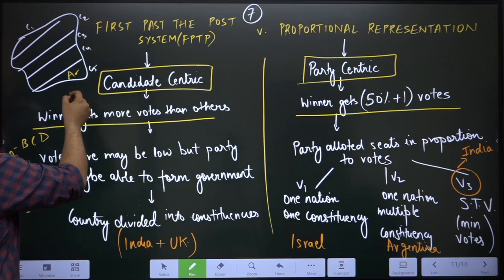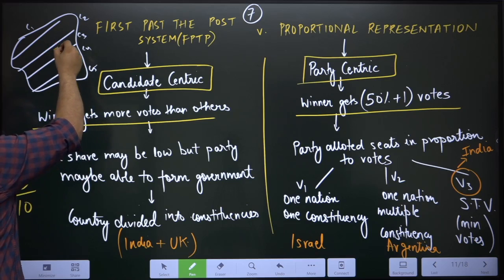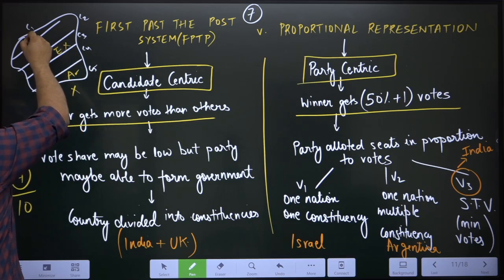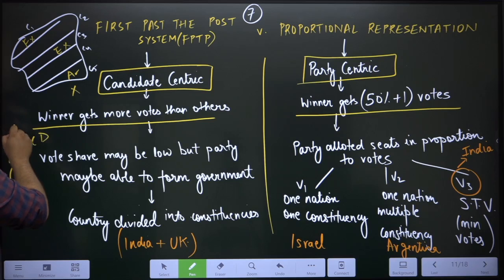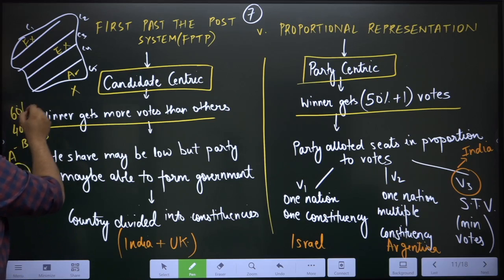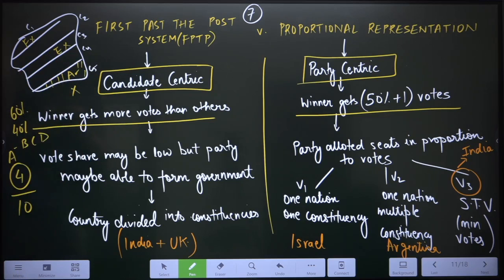And let us say A comes from party X. Similarly, let us say here E comes from party X. Let us say F comes from party X. And all of them just have a 40% vote share, which means 60% of the people in each of their constituencies still don't want them.